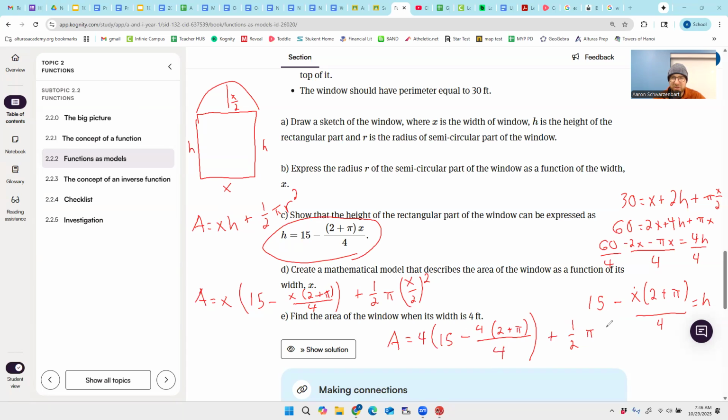Four over 2 is just 2. And I can simplify that. I'd use a calculator. And there is a basic mathematical model.